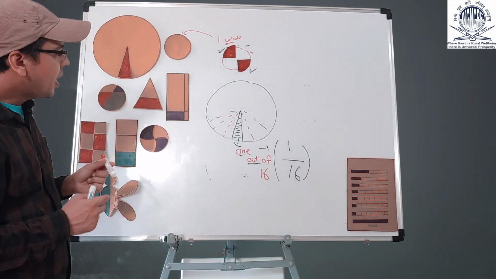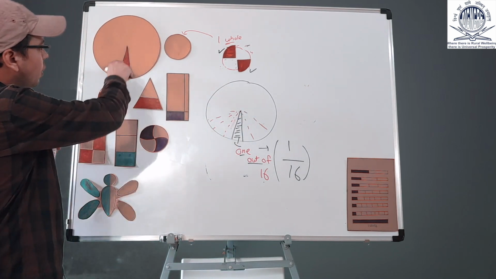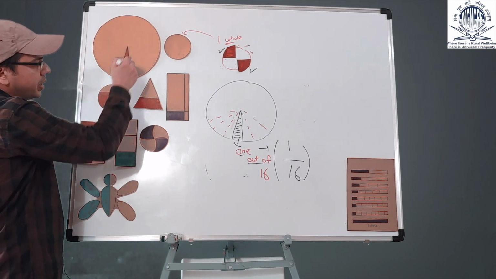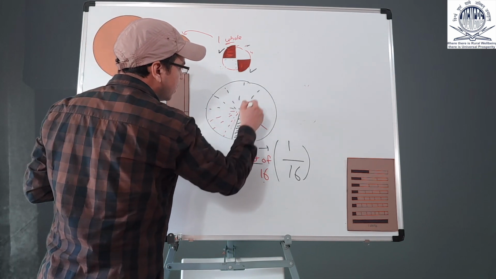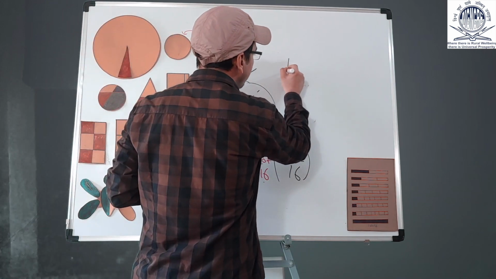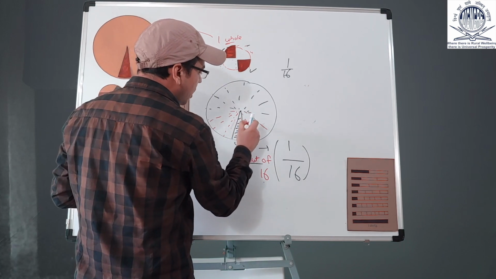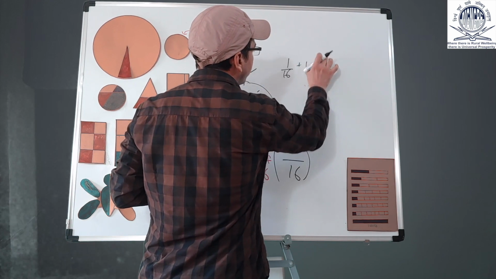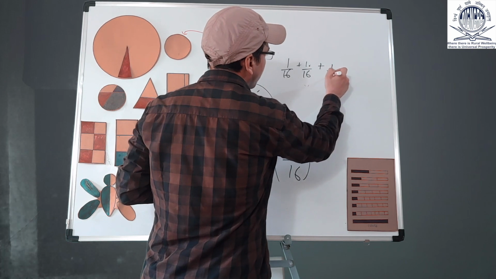And what if I end up adding all of them? For example, I paste all of them over here. What has happened if I paste all of them over here? I'll make divisions this way, and what if I add up all of them? Now if I add up all of them, probably I can write this way, that 1 out of 16 adds to another 1 out of 16, 1 out of 16, and it again adds to 1 out of 16.